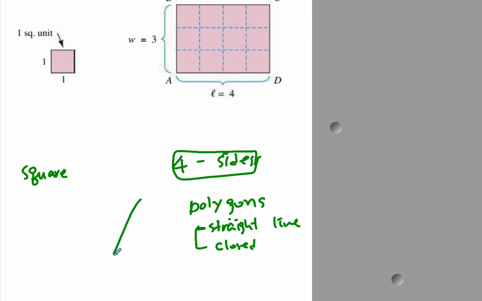So very straight line segments like this. I made a triangle. It is a polygon because I have 3 straight line segments and they are closed. But if I put it like this, it is not closed, it's open here, so it is not a polygon, right?